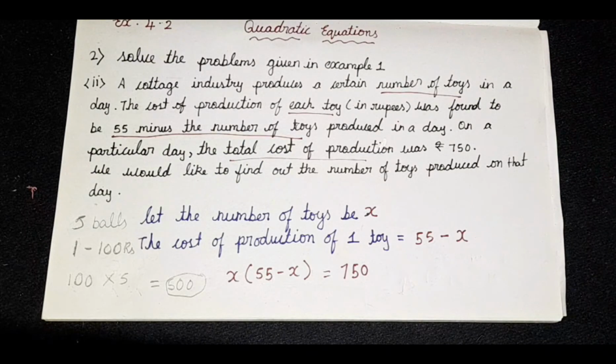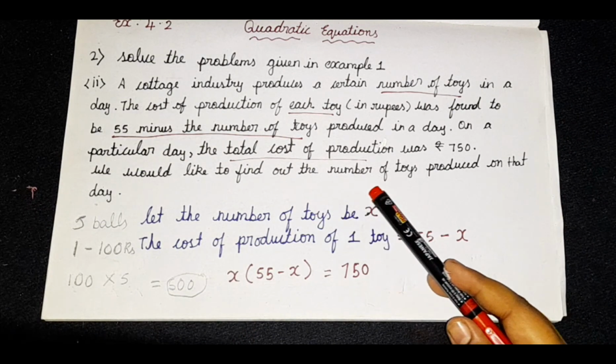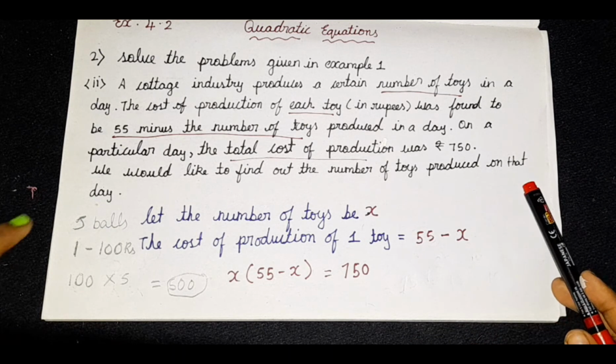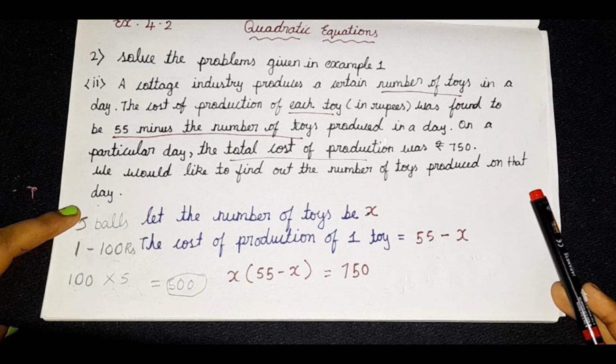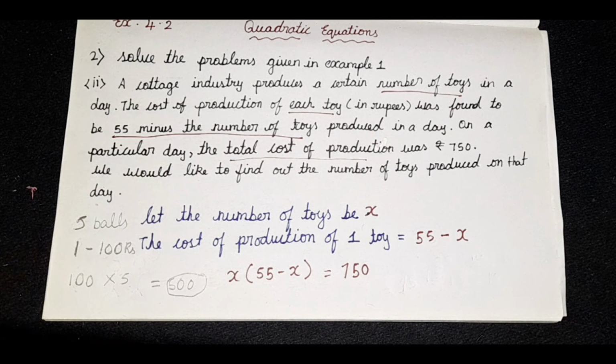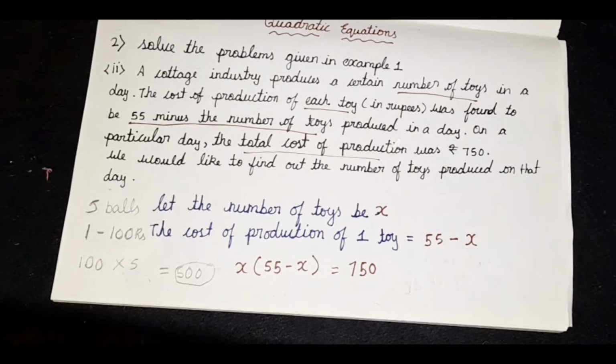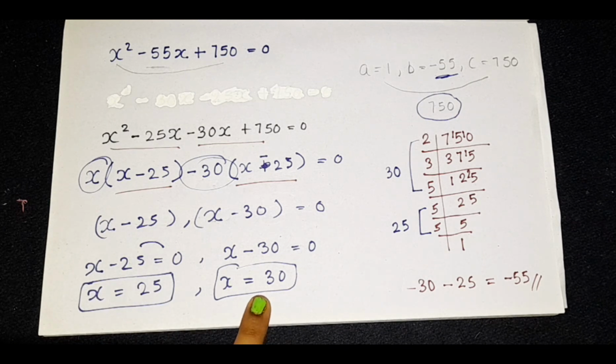According to the question, they told us to find out the number of toys produced on that day. Okay, so on that particular day we are supposed to find the number of toys. So we just found it. Why? Because we got the x value, one as 25, another x value as 30. Am I right? So since we got the x values 25 and 30, the number of toys produced on that day will be either 25 or 30.